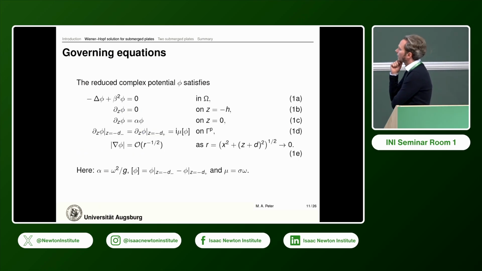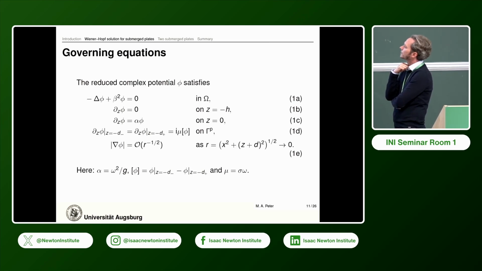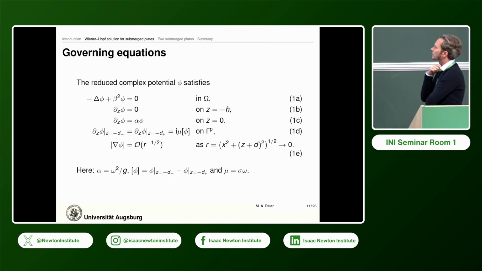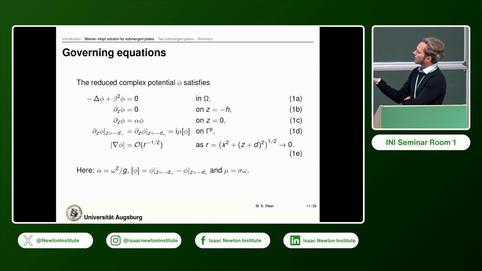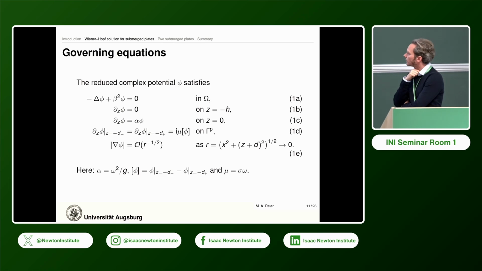And if you do that and you write down the problem for these obliquely incident waves, you end up with the Helmholtz equation. I mean, this probably comes as no surprise to you. You get your bed condition, no flux through the seabed. At the free surface, you get dz phi equals alpha phi, with alpha being omega squared over gravity.